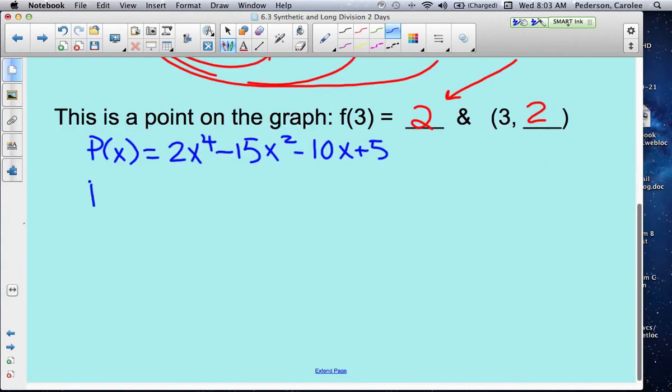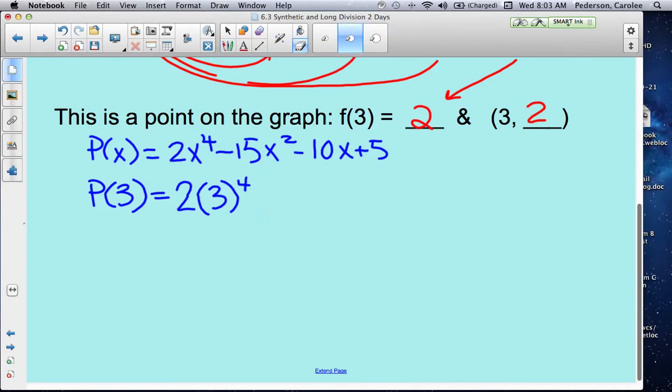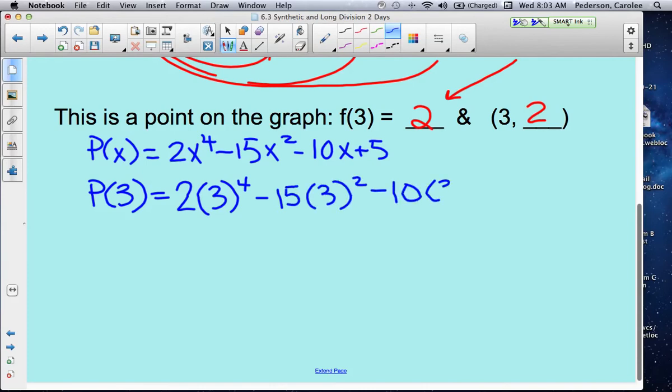So we say p of 3. And we would substitute 3 in for every x. And now we reduce that down using our order of operations.